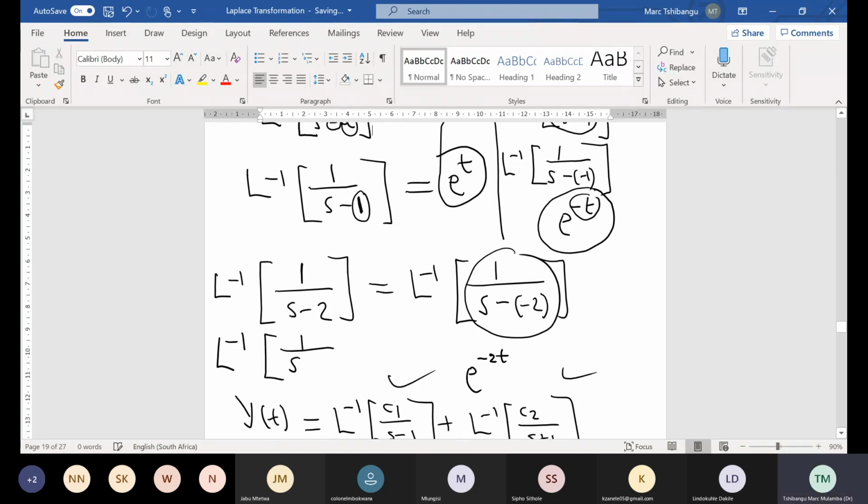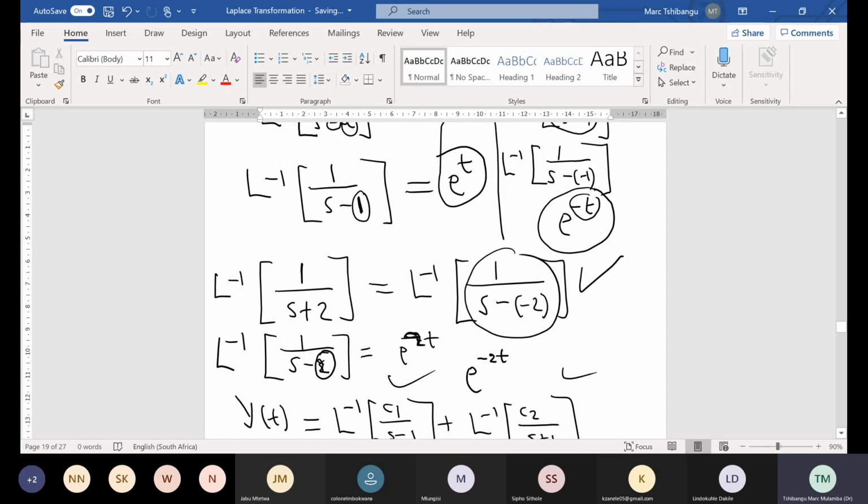But when you have 1 over s minus 2, this will be e to the power of 2t, because our a is 2.